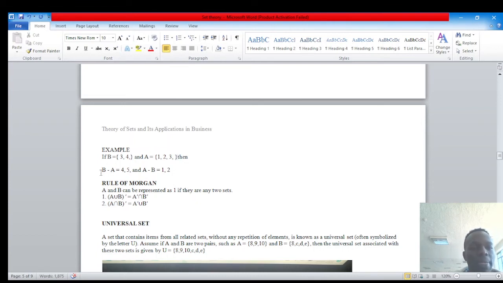So set B difference A is equal to {4, 5}. How? We start here, B difference A. So what's in B that is not in A?